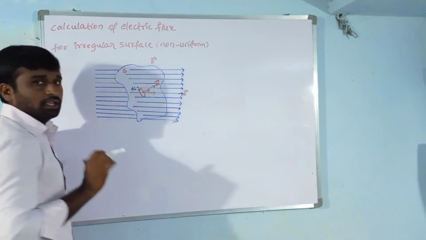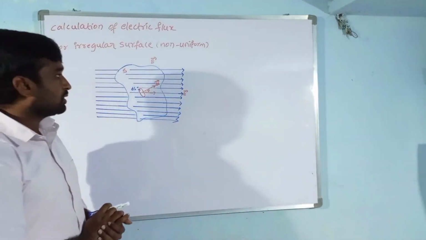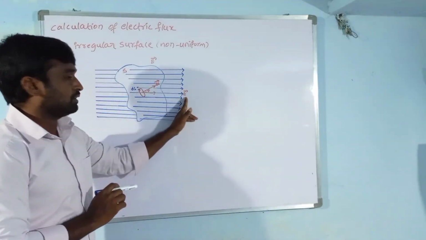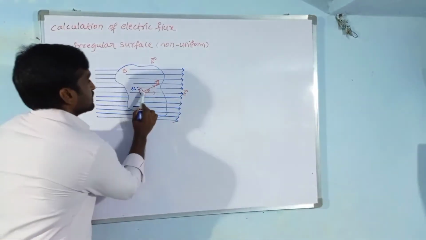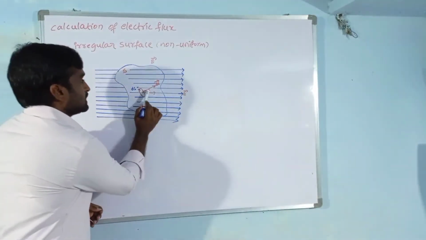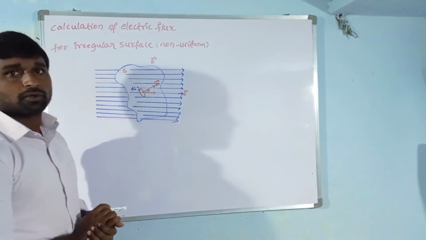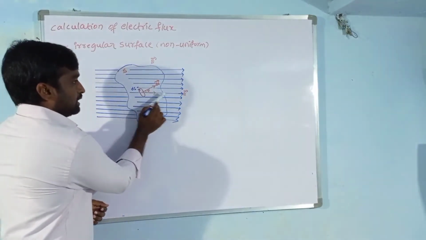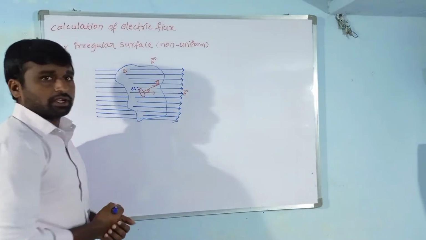This is the direction of the area vector, and this is the direction of the electric field. Theta is the angle between the electric field and the area vector.